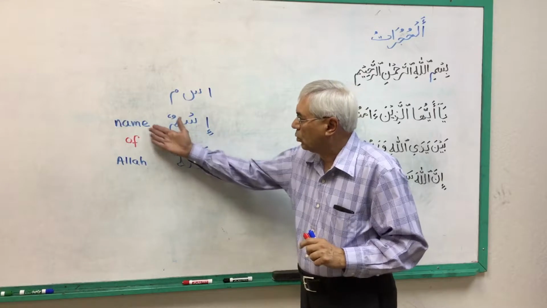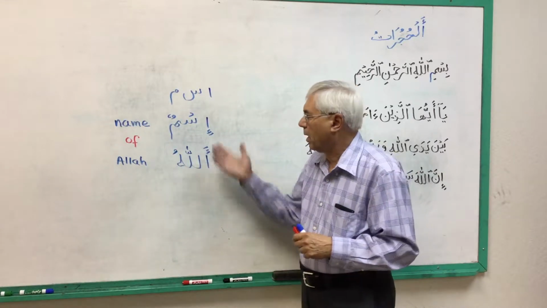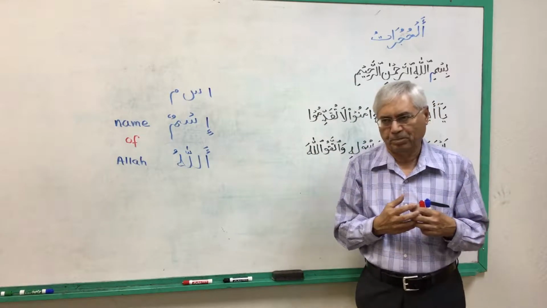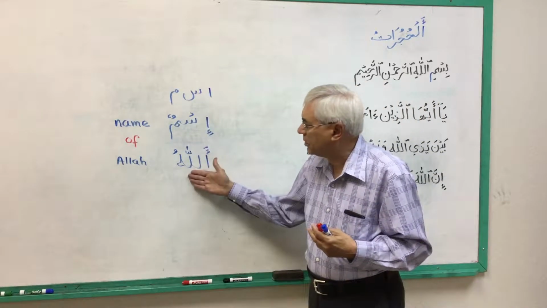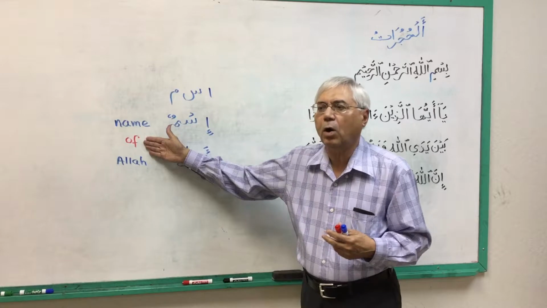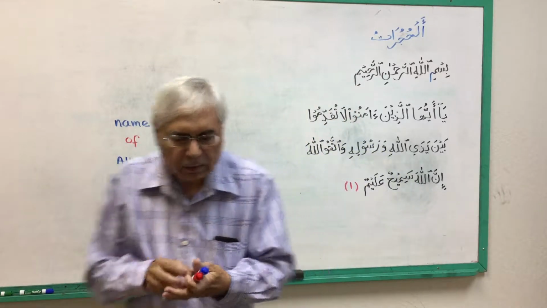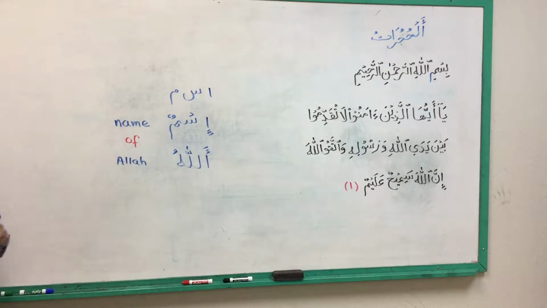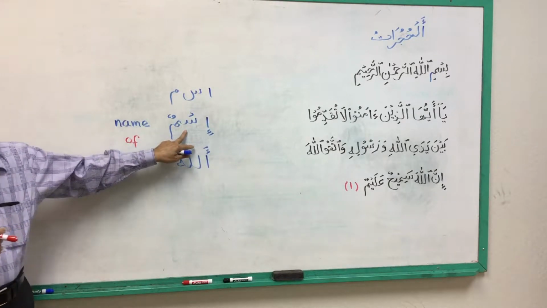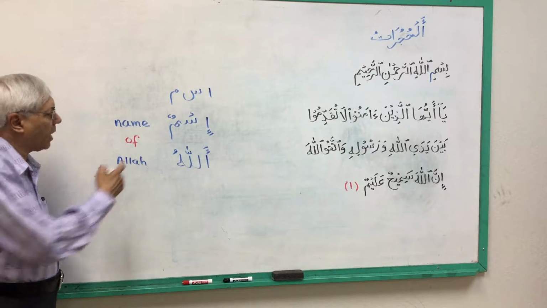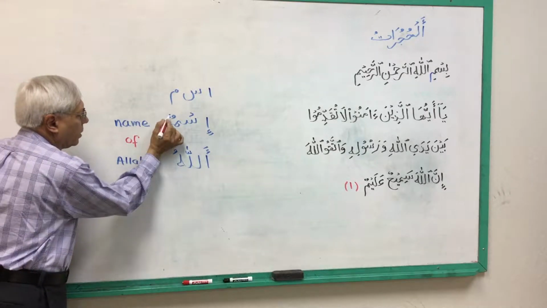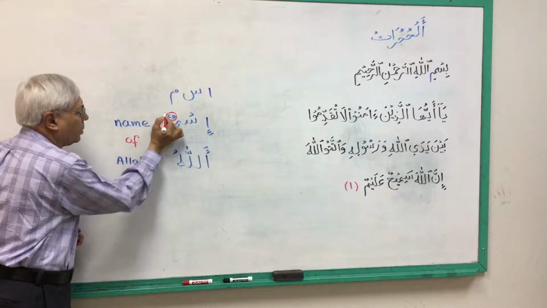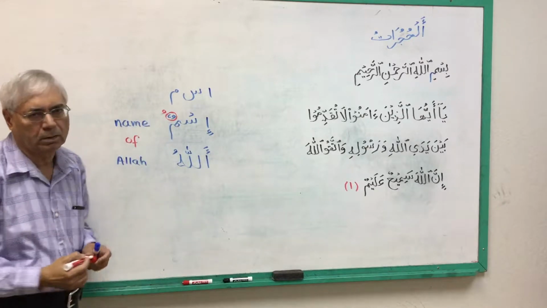In English it's very simple. In Arabic there is no word of. So how do we connect these two to bring the meaning of in between? We do two things. First, we look at the first word here, and the last letter is mim, and mim has two dhammas. We change those two into one.